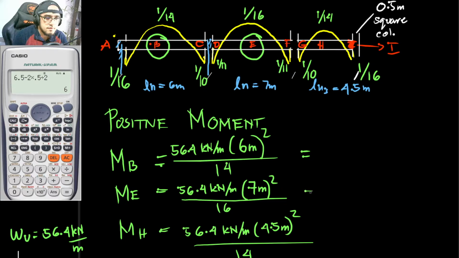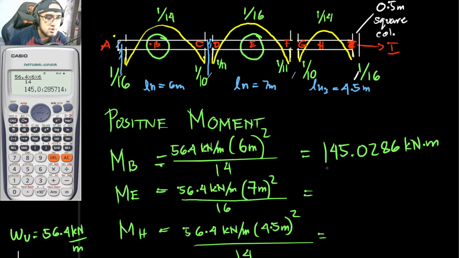So the answer of these moments, looking once again at the calculator to your left. Sa MB muna, 56.4 times 6 squared divided by 14. That is to be 145.0286 kilonewton meter.